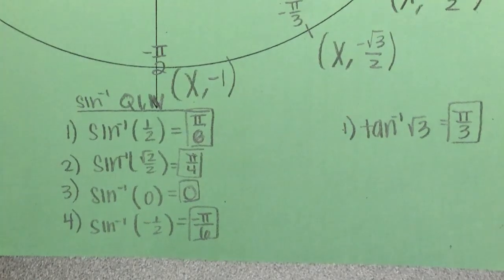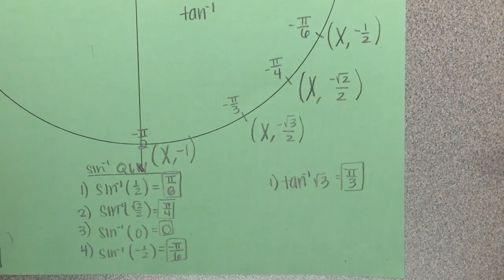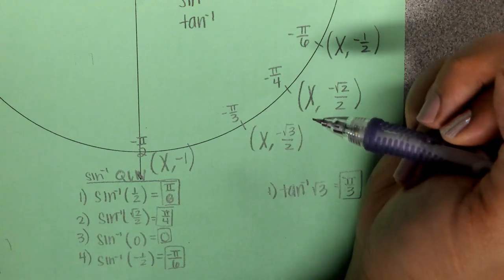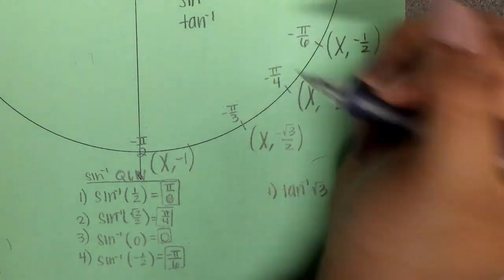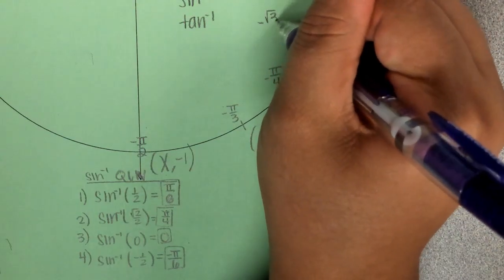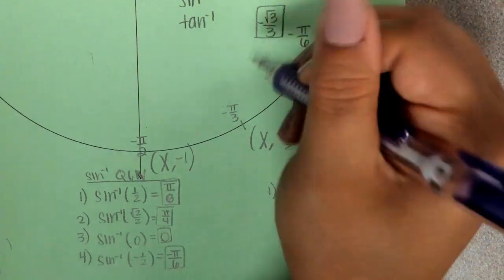Alright, last one we're doing today is tangents. Let's just write it on our unit circle. What is the tangent of negative pi over 6? Tangent of negative pi over 4?